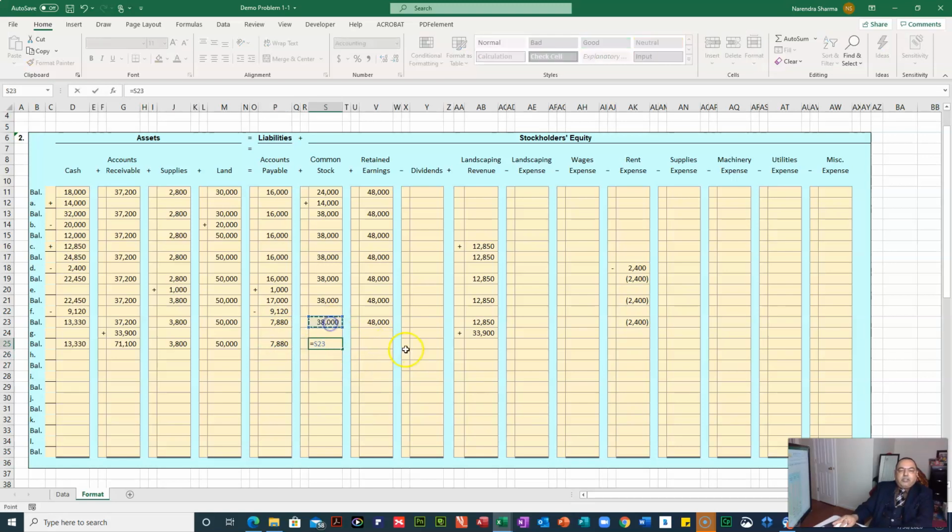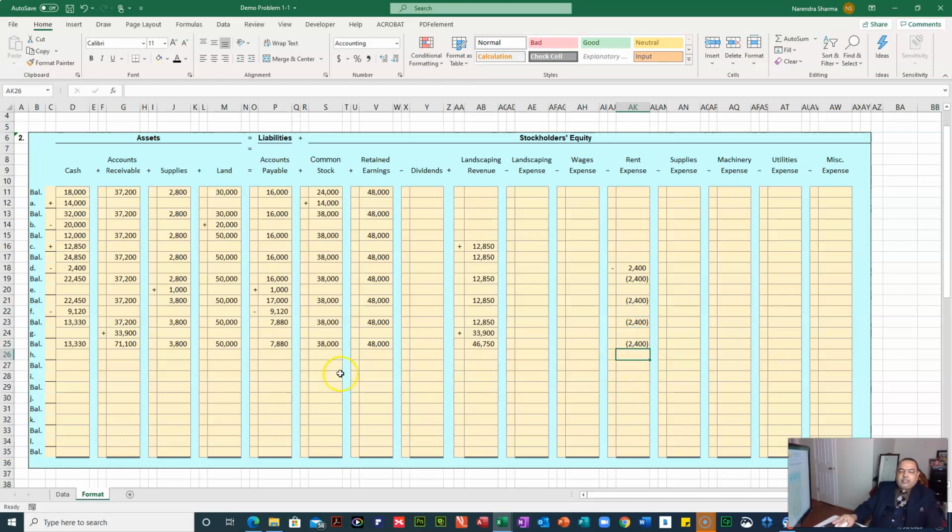Common stock 38,000. Retained earnings is 48,000. This one went up just now. So let's find out the new balance. That's 46,750. Rent expense same minus 2,400 as the balance.